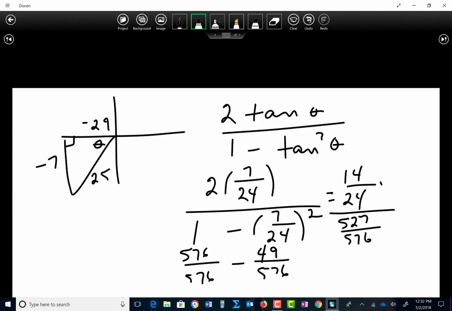I'm going to flip and multiply. Probably going to use my calculator just to make sure that I know what I'm doing. So 14 over 24 times 576 over 527 is equal to 336 over 527. And that's my answer for that one. So those are all the answers to your quiz, and I've worked out the problems on that.